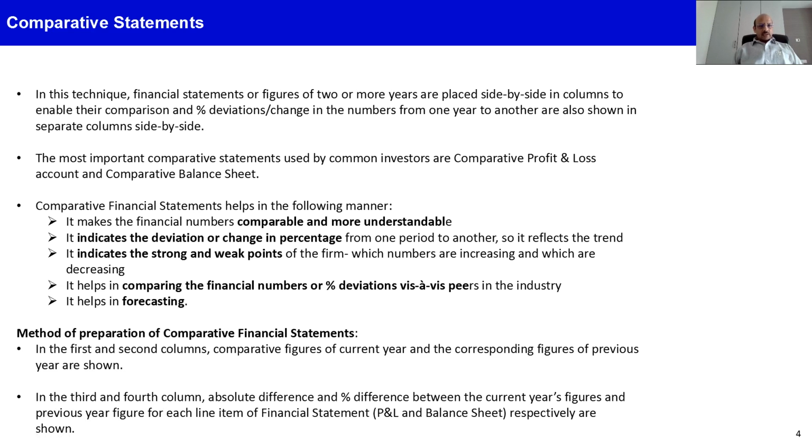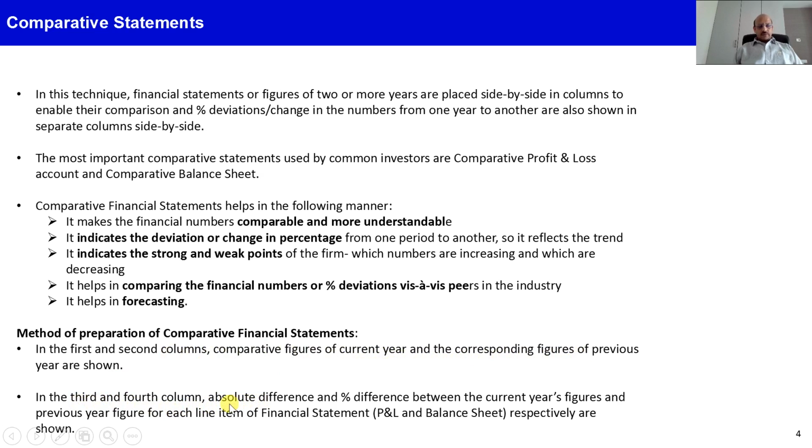So now let's understand the method of preparation of comparative financial statements, how they are prepared. To prepare the comparative financial statements, in the first and second column, we just put the figures of the current year and the corresponding figures of previous years. So these are actual numbers. Then in the third and fourth column, we just take the difference.